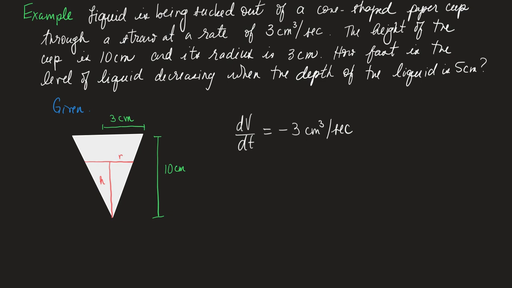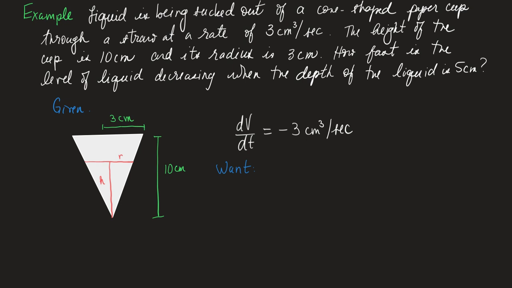So now I'm going to think about what it is that I want. I'm asked how fast the level of liquid is decreasing when the depth is 5 centimeters. So the level of liquid, well, that's given by the height.